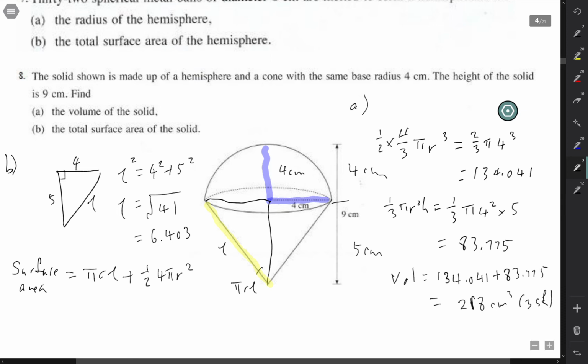So putting all the formulas in, the pi rl curved surface area of the cone, I will get 80.46 plus the other one would be 100.5309. Eventually I get 181 cm squared, 3 SF. Okay, that's 3 significant figures, right?